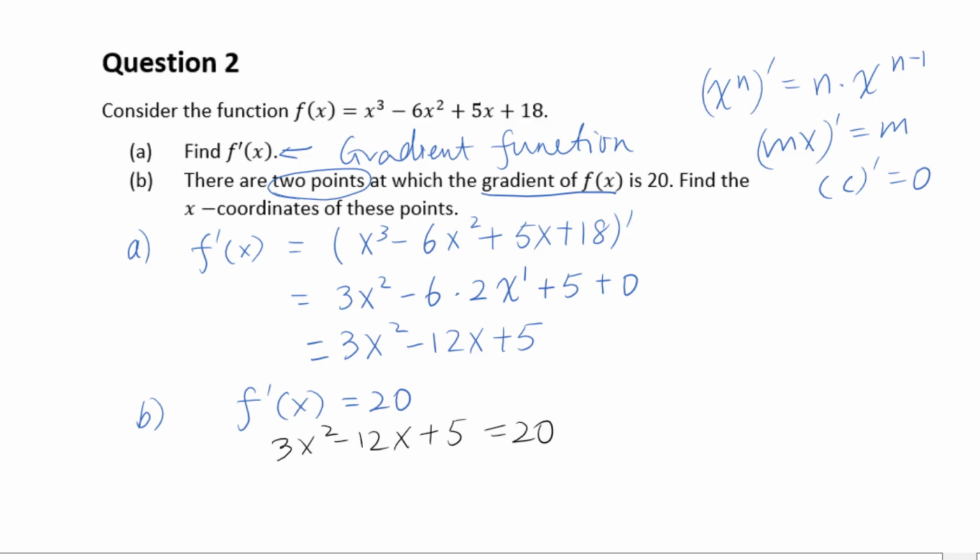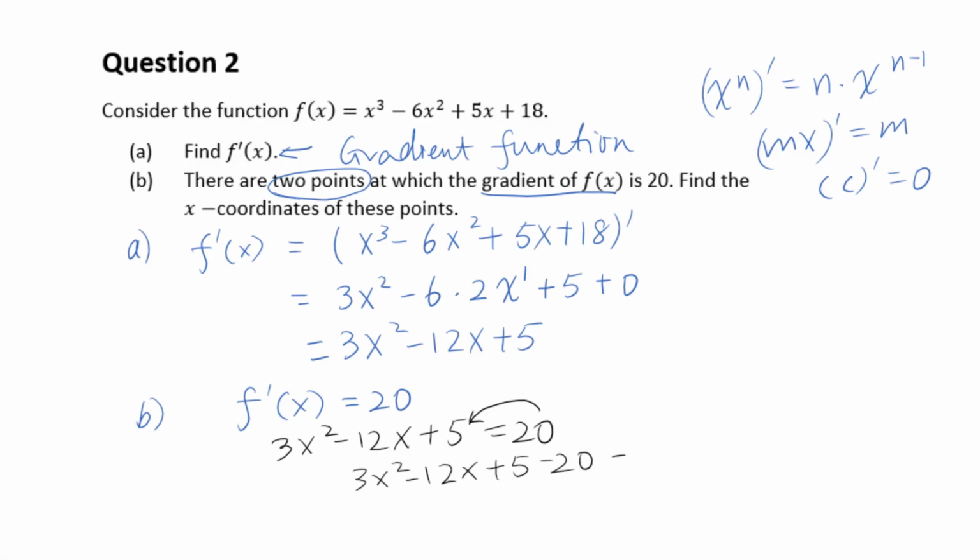Change this equation into equal to 0 form so that we can use the graphing calculator to solve. 3x squared minus 12x plus 5 minus 20 equals 0. You can leave as it is, or you can combine like terms for these two numbers.